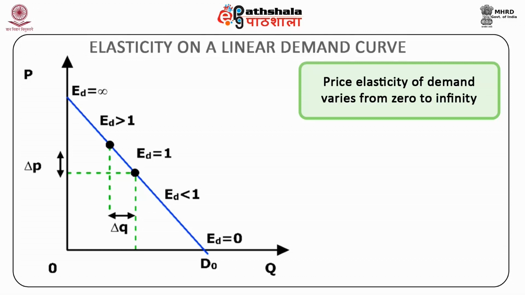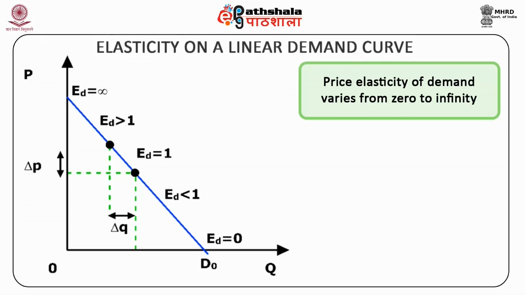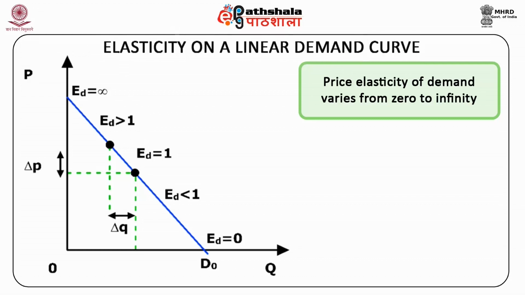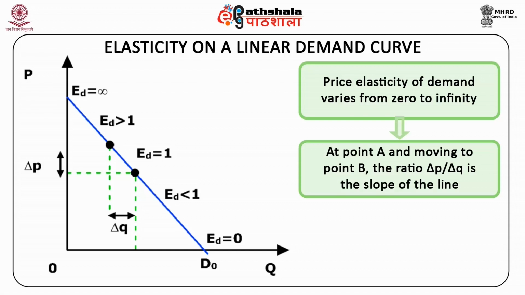According to Lipsey and Chrystal, elasticity depends on the slope of the demand curve and the point at which the measurement is made. Starting at point A and moving to point B, the ratio change in P / change in Q is the slope of the line, while its reciprocal, change in Q / change in P, is the first term in the percentage definition of the elasticity.